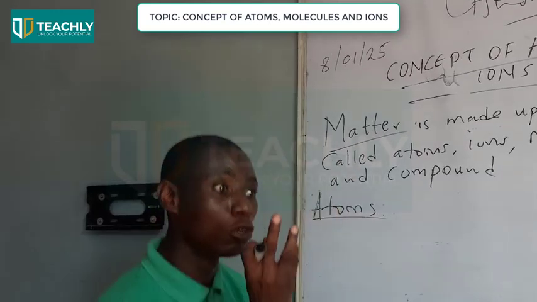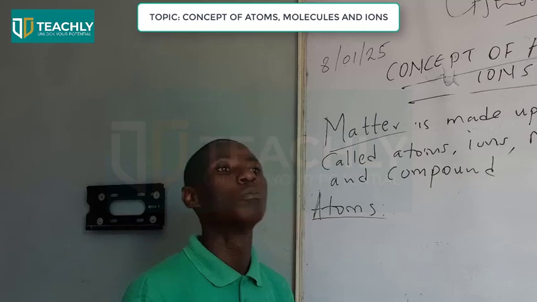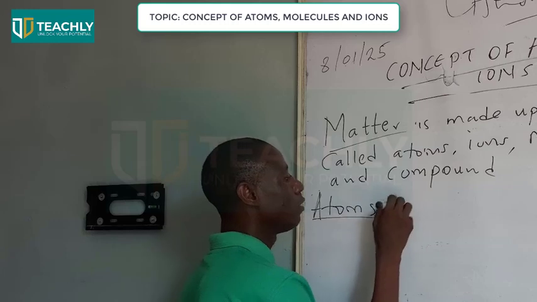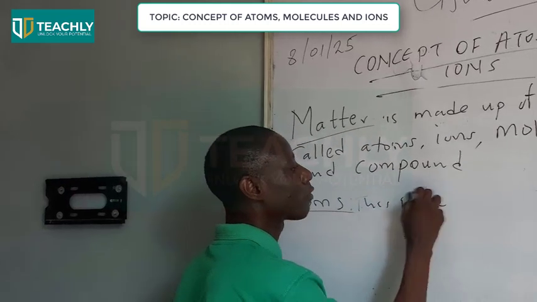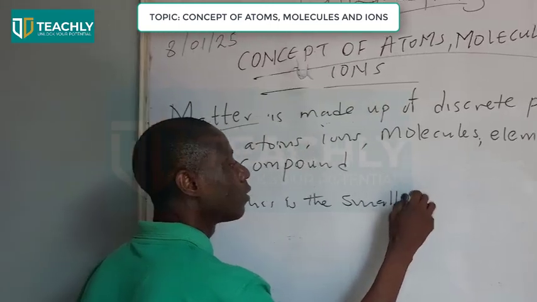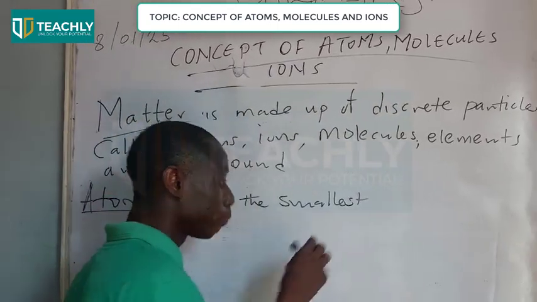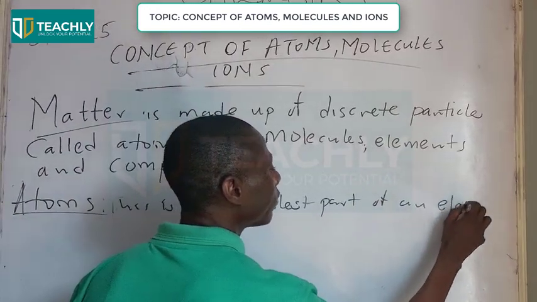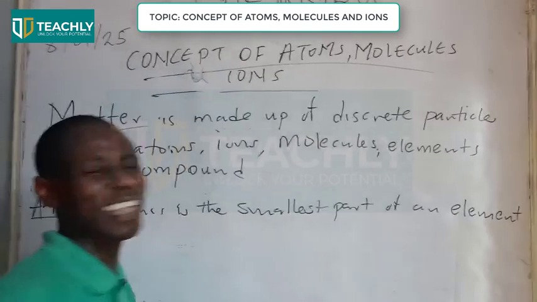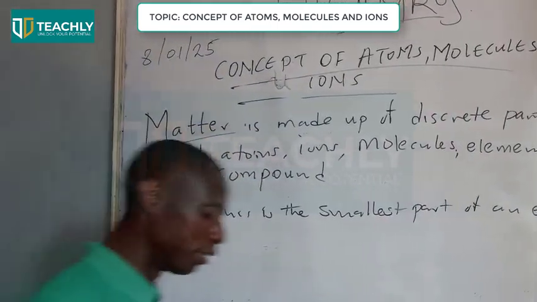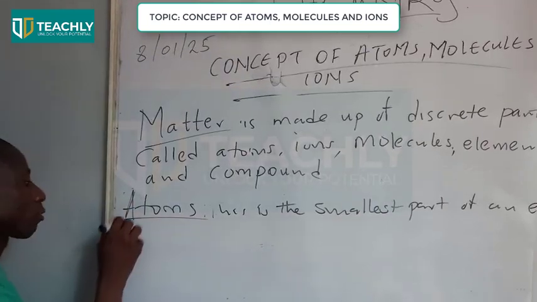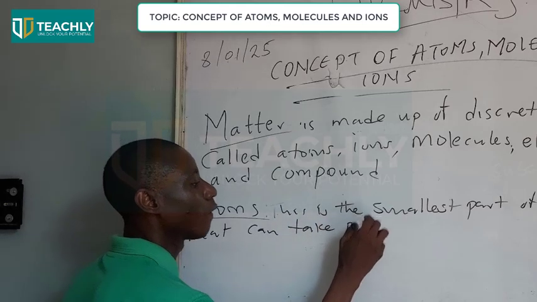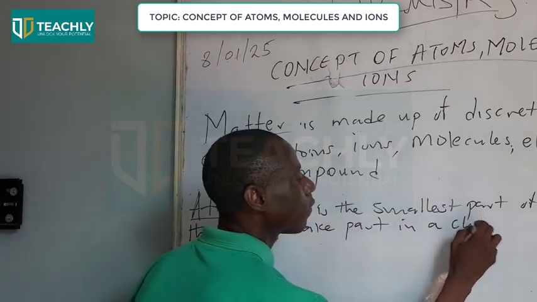So you can say now that an atom is the smallest part of an element that can still take part in a chemical reaction.